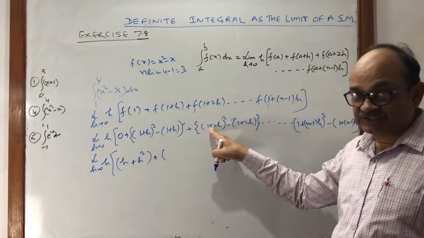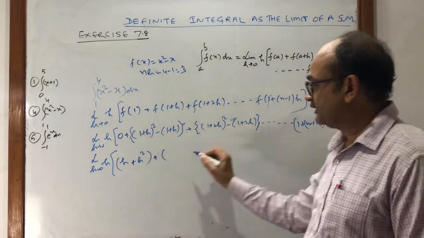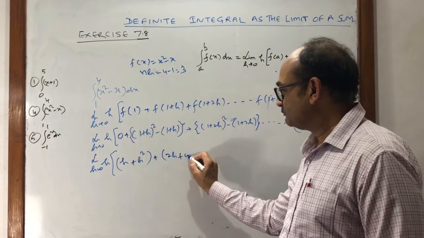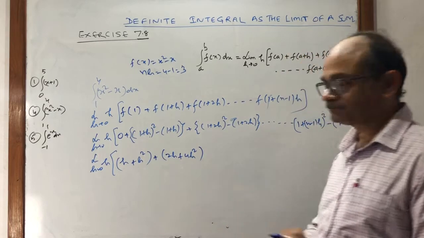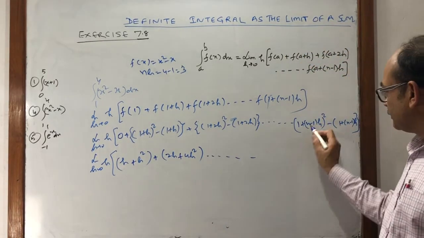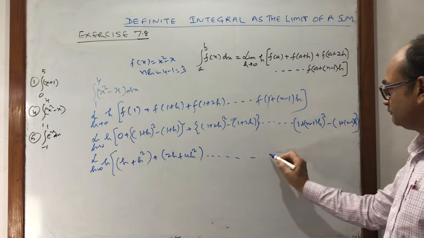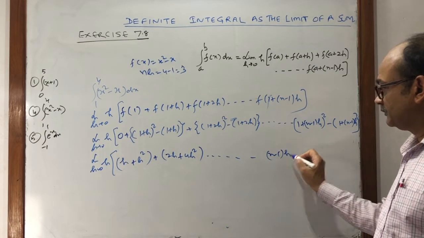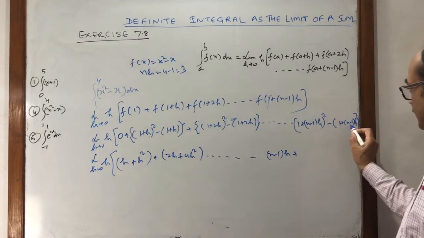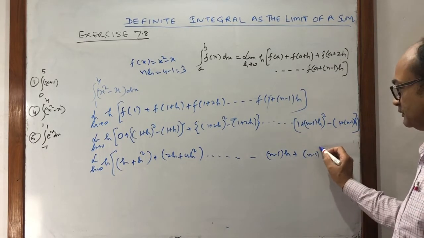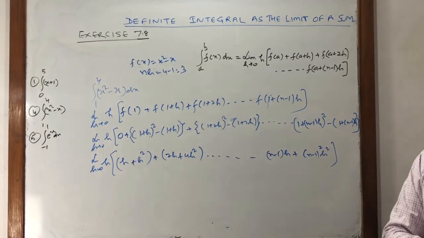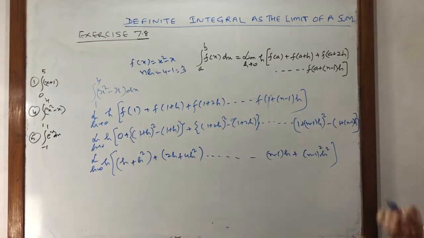Here you will get 4h and 2h, that is only 2h, and 4h square, and so on. In the last step, 1 and 1 cancel out, and you get n minus 1 h plus n minus 1 the whole square into h square. This will be the complete sequence.